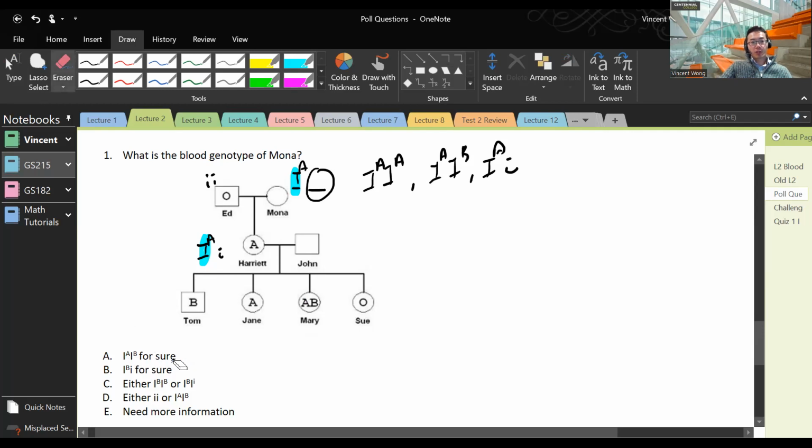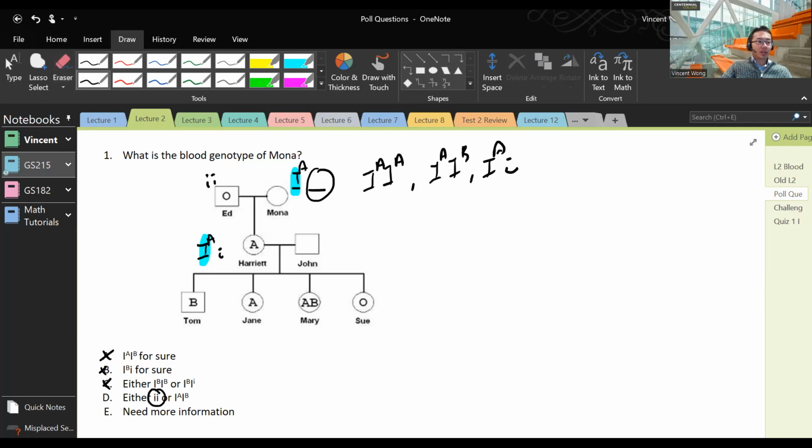So let's see if any of these applies. IA, IB for sure. No, we don't know if it's for sure. IB little i for sure. In fact, for sure not. It's definitely not IB little i, because if she's IB little i, there's no way they can have a type A child, right? So not that. Either little i or IA IB.